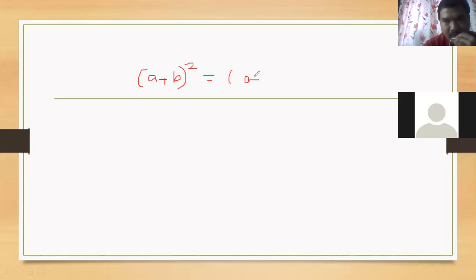A plus b will be multiplied with a plus b. When you multiply a plus b with a plus b, you will get, look here.